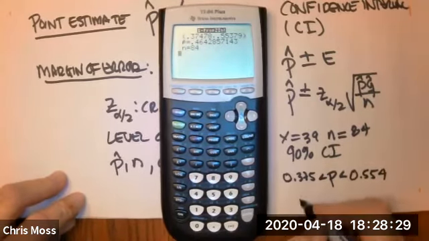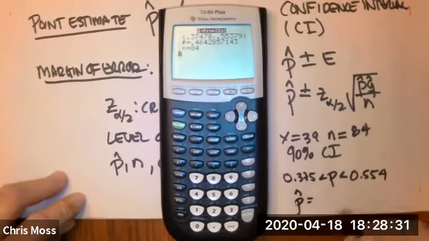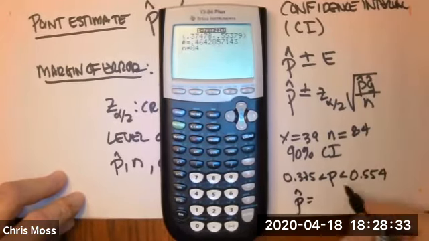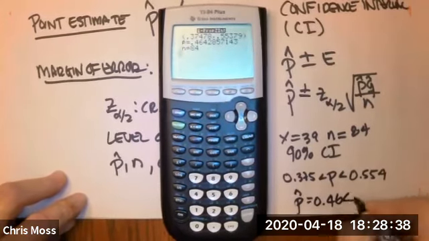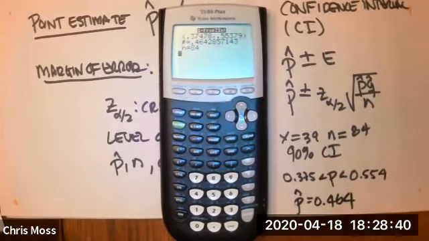I will note the point estimate in the middle of this interval is 0.464. So most examples will run somewhat similar to that. I will come back with another example or two later in the chapter. Thank you and goodbye.